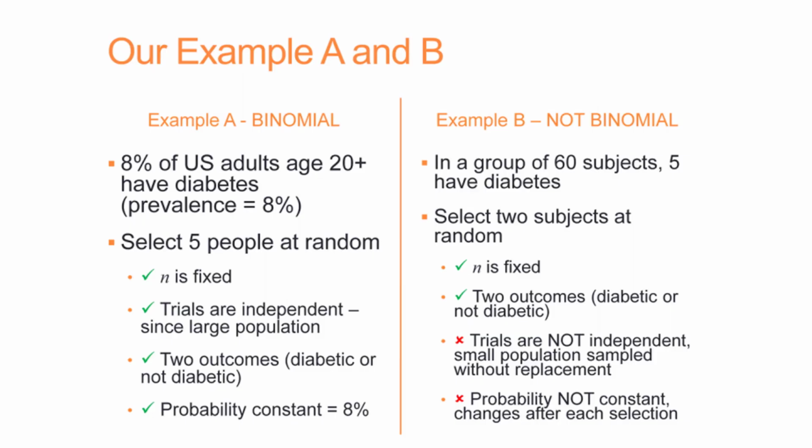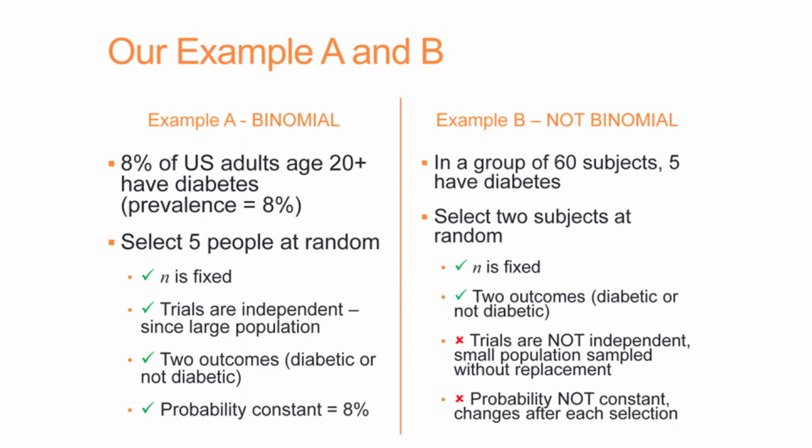Let's look at our examples A and B and determine if they represent binomial experiments. For example A, we have 8% of all US adults age 20 plus have diabetes. We will select 5 people from this population at random. Thus, we do have a fixed number of trials, 5.